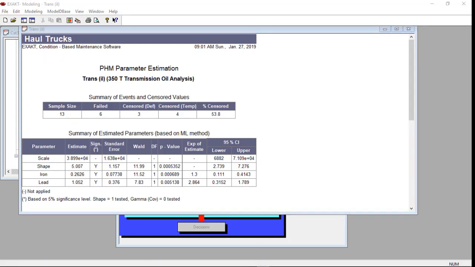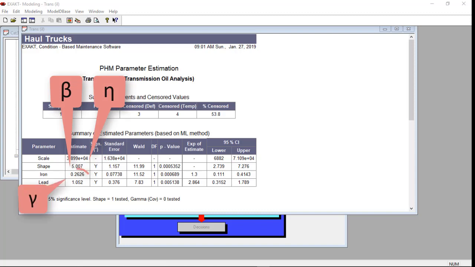Multidimensional regression has converged to estimated values of the parameters beta, eta, and gamma in the equation for hazard rate. The most influential condition indicators were found by statistical testing to be the parts per million of iron and lead.